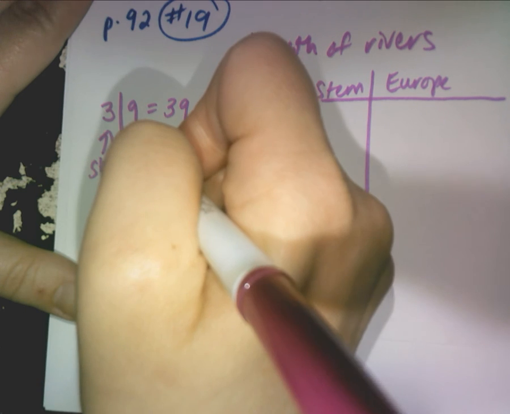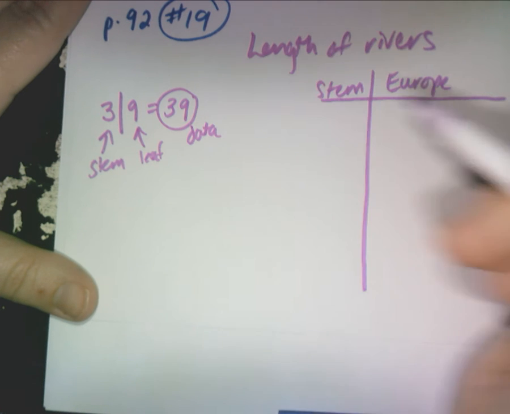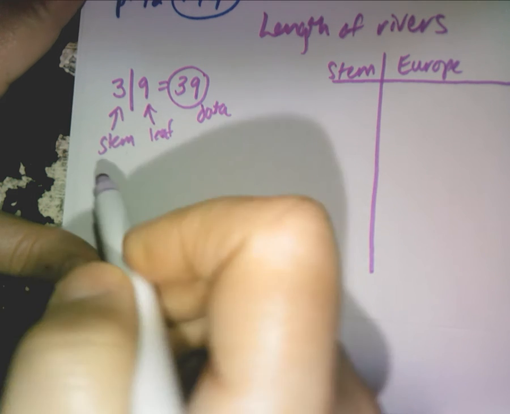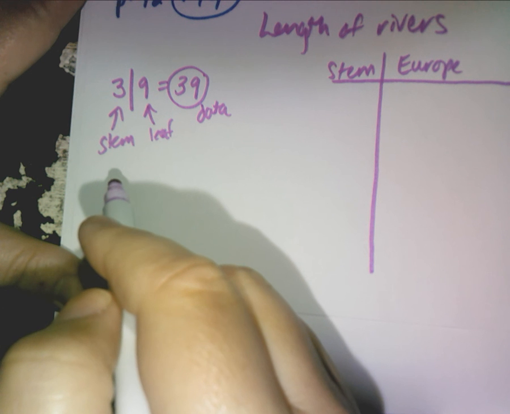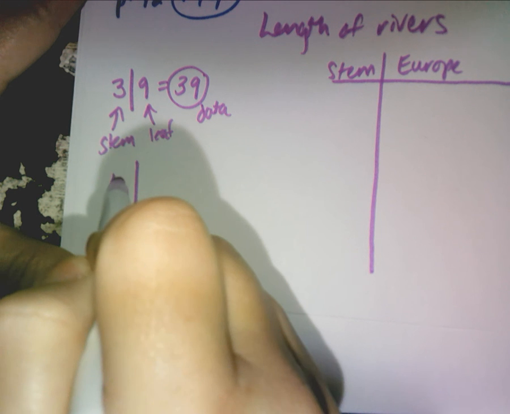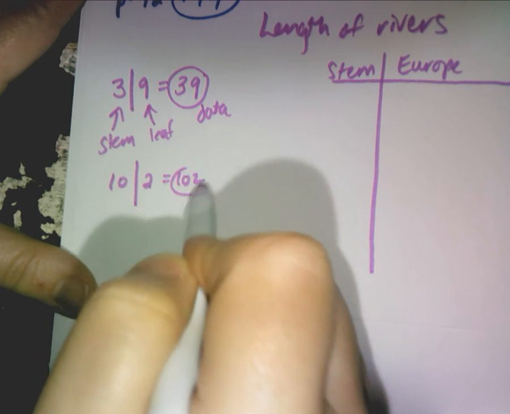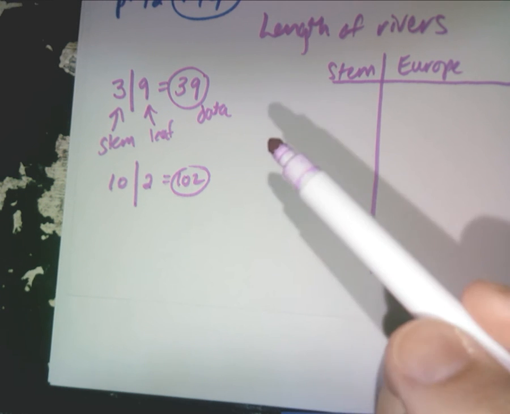This is the leaf. But this is the actual data point. 39 is the data point. If I had a number like 102, do you know what your stem would be? 10. What would your leaf be? 2. That would be 102. Do you see that? Your stem would now be a double digit.